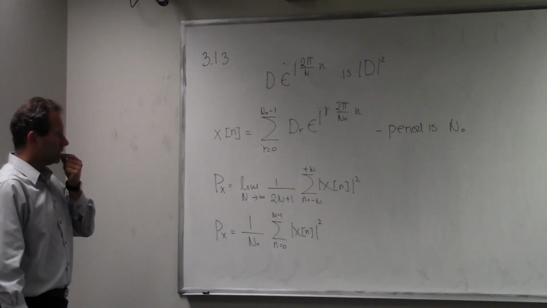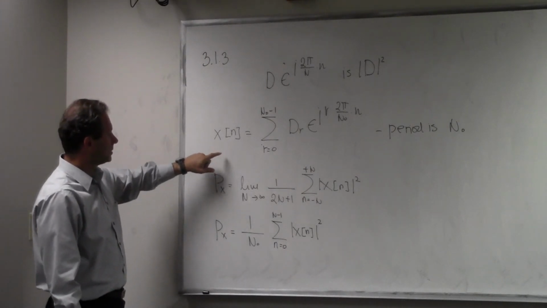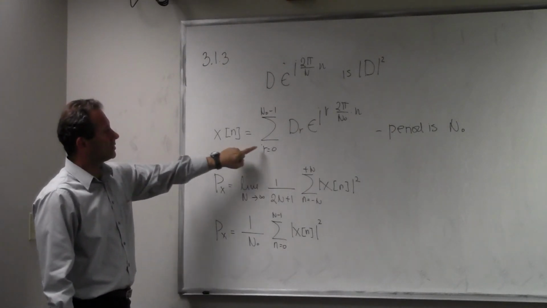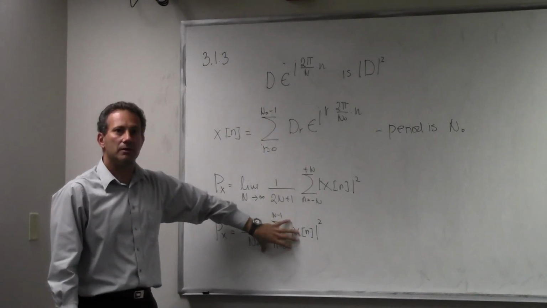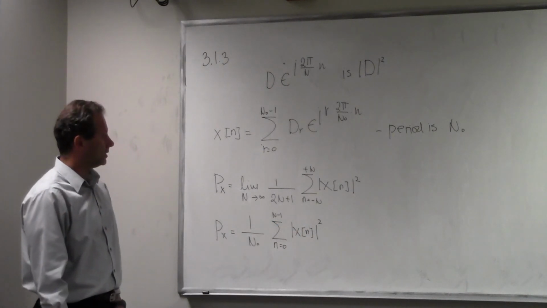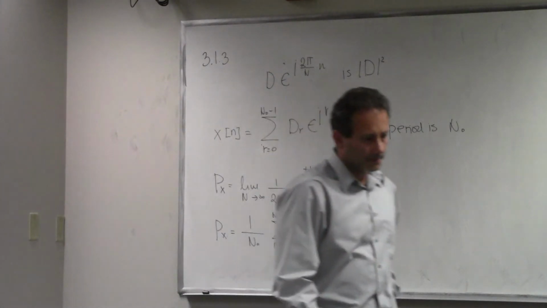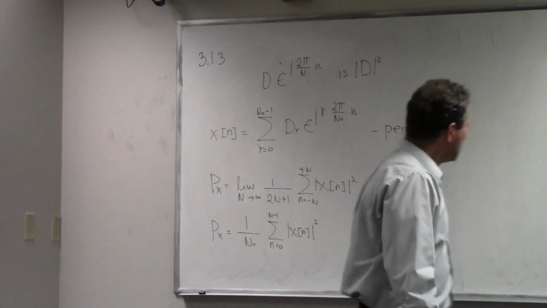All right? So this is what we need to sum. If I now substitute x[n], I need to put this summation in here, square it, and then evaluate this sum. All right. So let's do that.